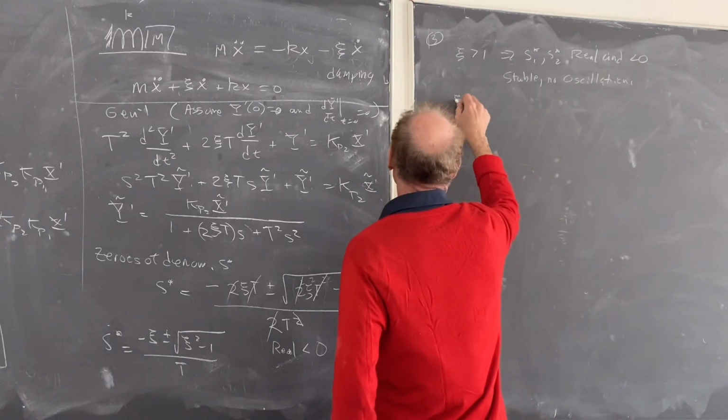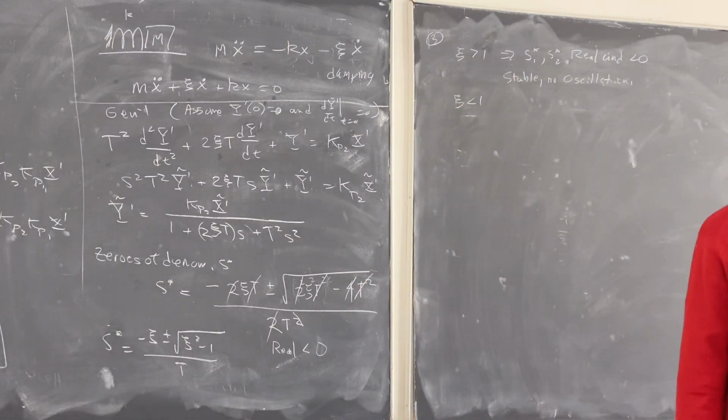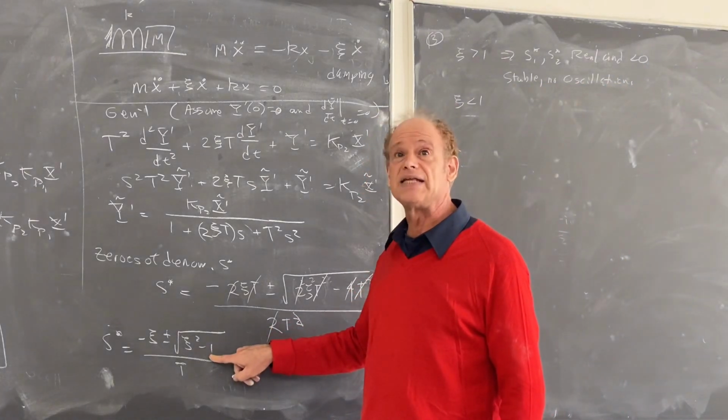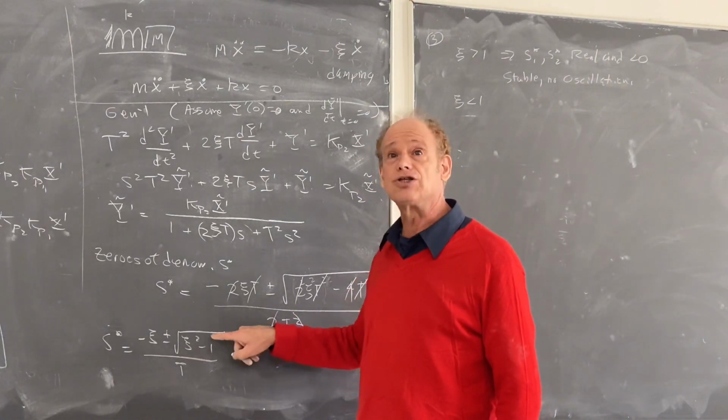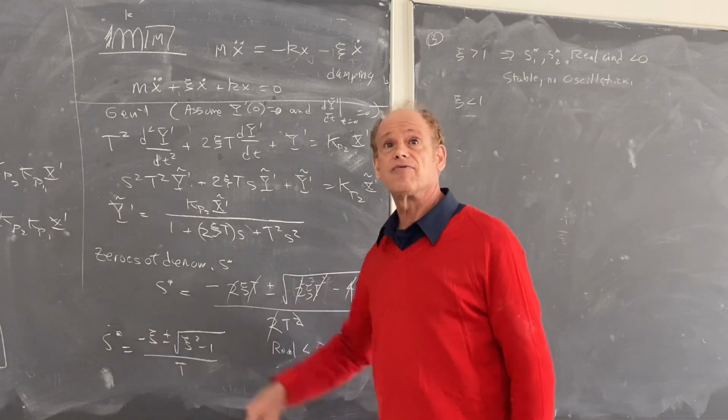How about when c is less than 1? If c is less than 1, well then the discriminant is negative. I have an imaginary part, but the real part is still negative.